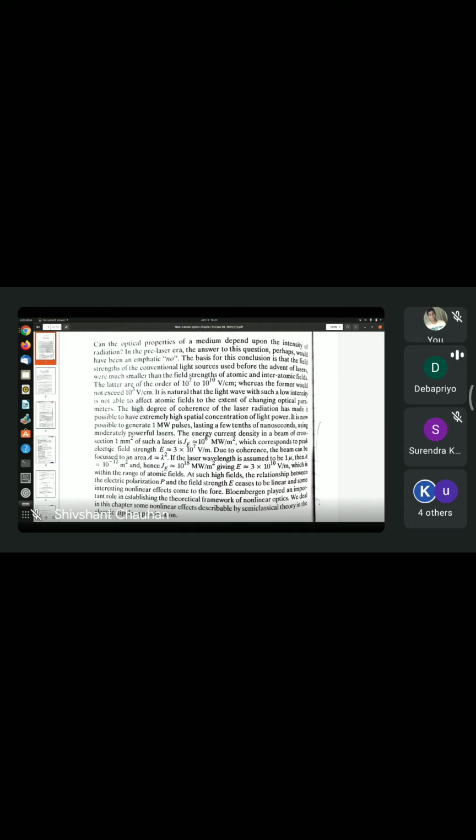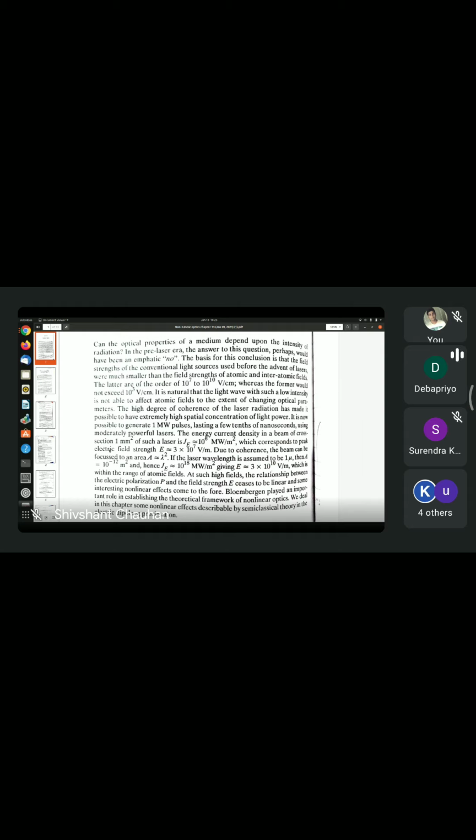And when that happens, the medium is said to be a non-linear medium. The person who developed this subject is Professor Bloembergen, who was awarded the Nobel Prize for his work with nonlinear optics.